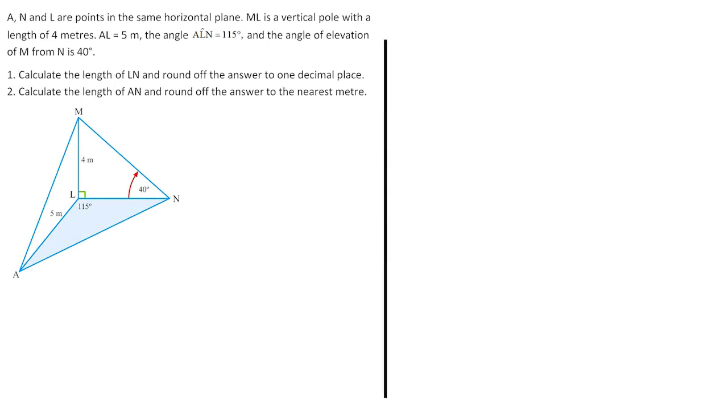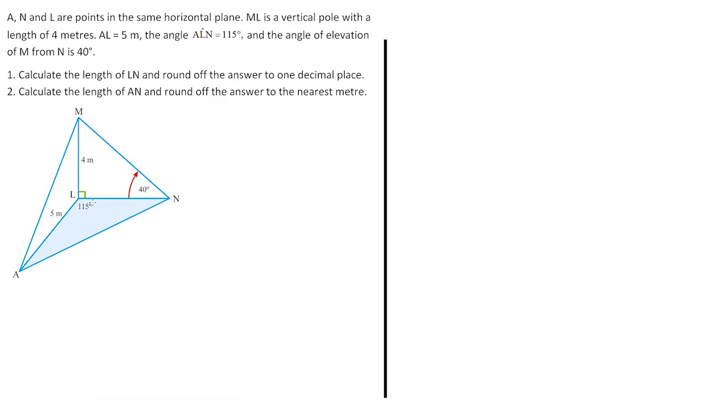Let's look at this three-dimensional problem that we have here in front of us. A, N, and L are points in the same horizontal plane. ML is a vertical pole with a length of 4 meters.